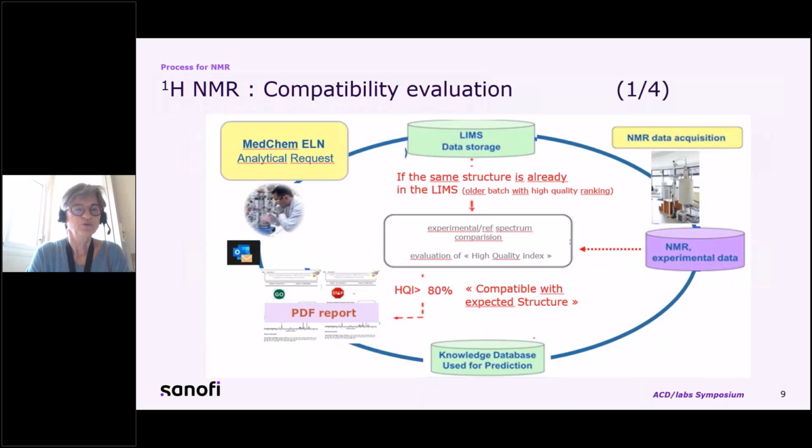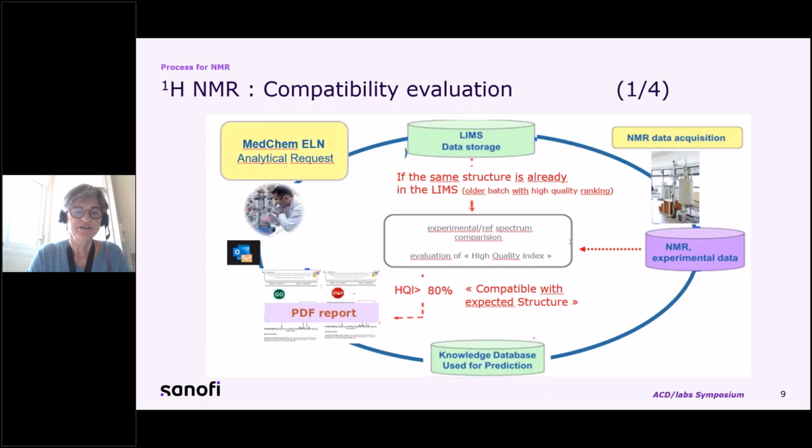If we get into the process of compatibility evaluation from NMR data, we have two different processes. The first one: when the chemist asks for an analysis, the system is able to see if the same structure is already in our LIMS. If that is the case, the system compares the experimental data with the reference spectrum already in the LIMS, and the system evaluates what we call a hit quality index, HQI.